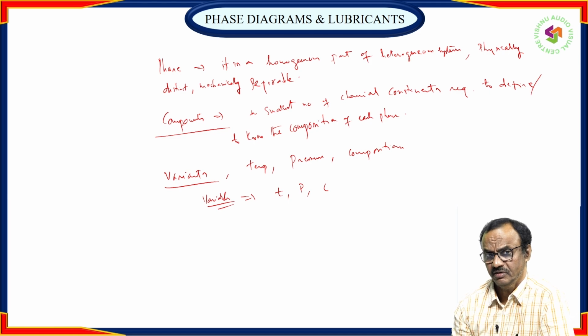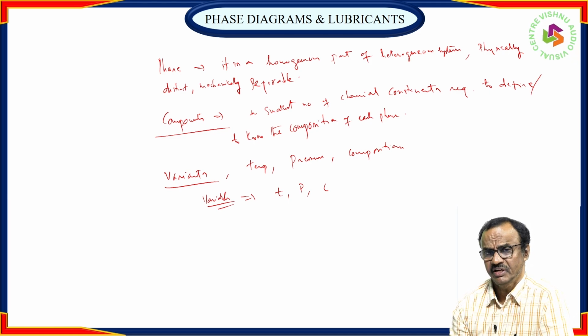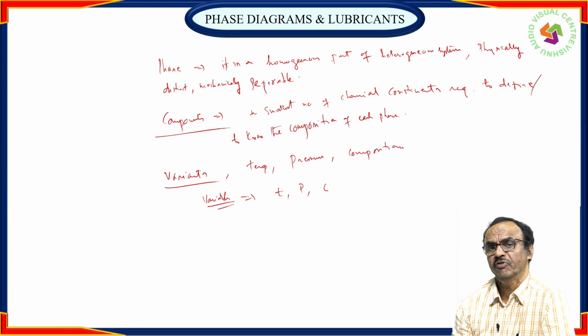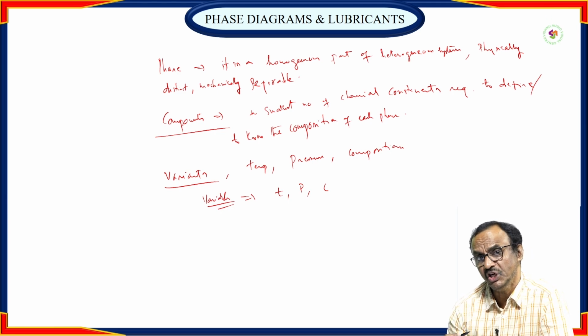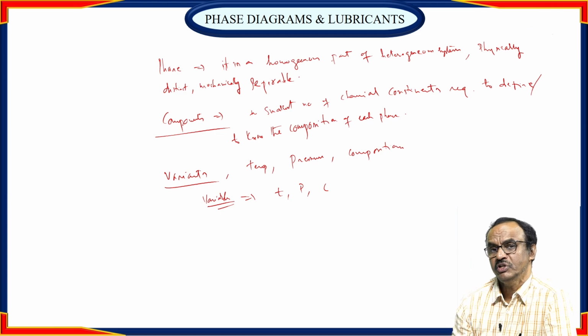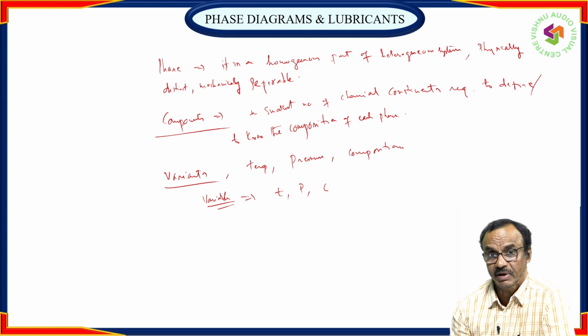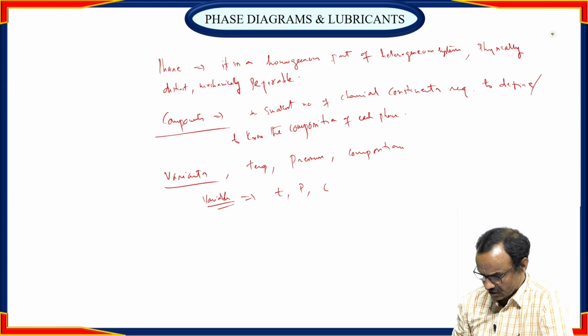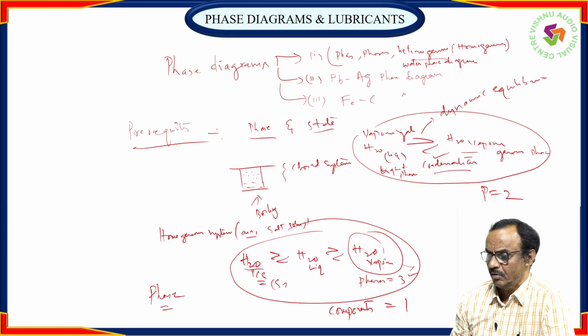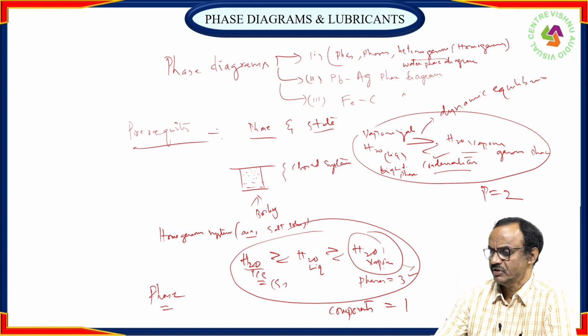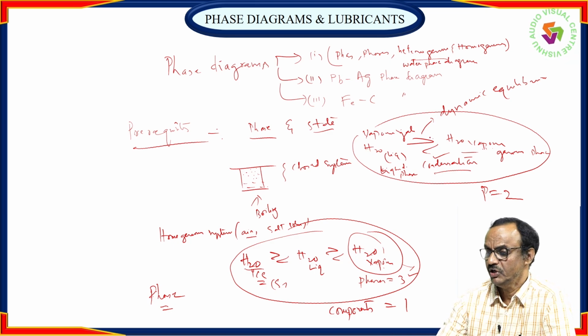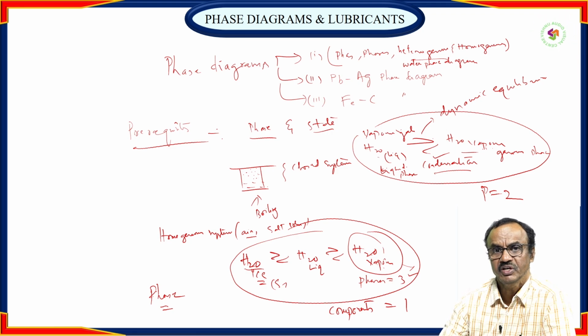Either temperature and pressure, or temperature and composition, required to describe each phase of a heterogeneous system which is at dynamic equilibrium. All phases are in a heterogeneous system and they are at dynamic equilibrium. We need to define each phase; we need to know the composition of each phase.